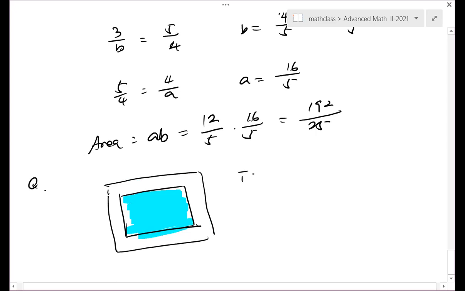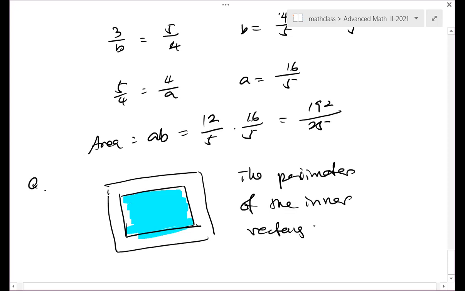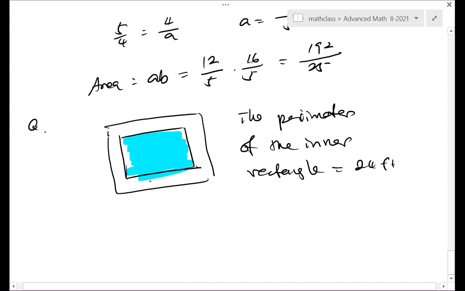The perimeter of the inner rectangle is going to be 24 feet, and the width of the sidewalk is 1 foot.